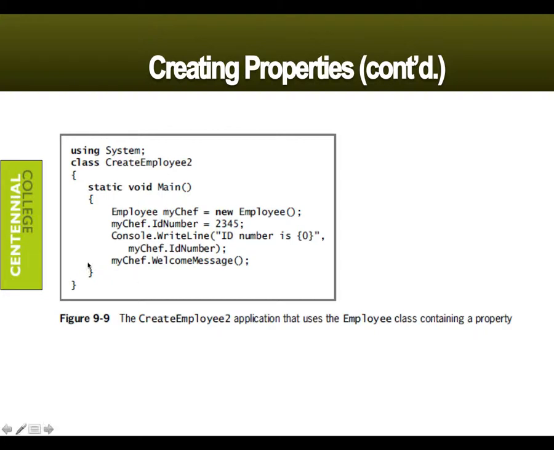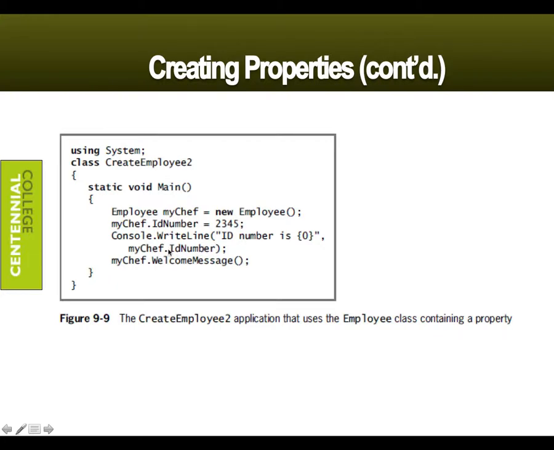Okay, here's an example here. Here's another one. So I'm creating some properties, right? Here's my static void main, which is my main program. And here's my employee example again, with my chef being a new employee. I'm actually giving him his employee number of 2345, right? And then I'm taking that number and using it in a write line statement, just like I normally would any property.